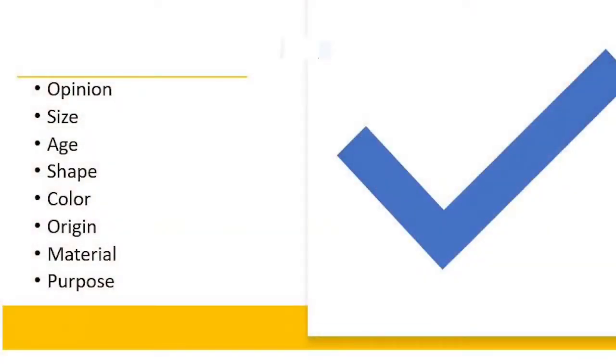So it's a good idea to practice with this and memorize it. In time, you'll get used to using adjectives in the correct order. So that order is opinion, size, age, shape, color, origin, material, and purpose.